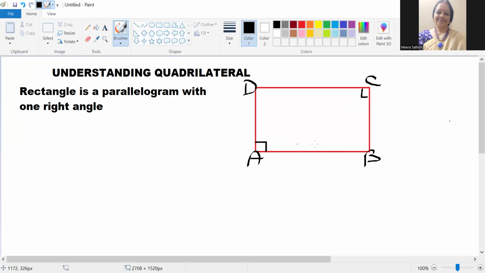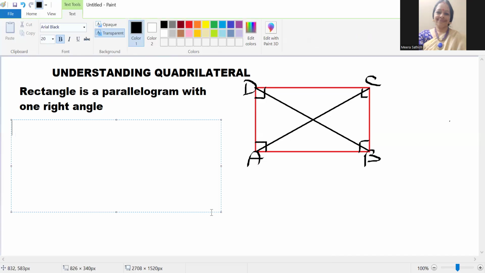So when A is 90, B will be 180 minus 90, so it will become 90. So when B is 90, opposite angles are equal, so D also becomes 90. That is why in the definition it is given rectangle is a parallelogram with one right angle, and all other properties are the same as that of a parallelogram.